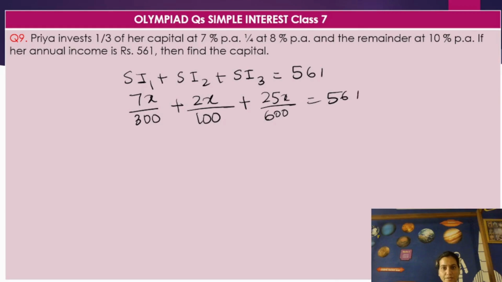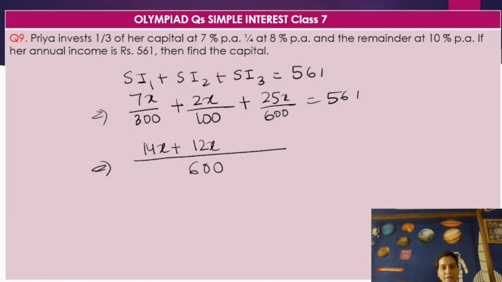Equal to 561. So what will be the LCM of all this? LCM will be 600. So I'll write 600 here. 600 divided by 300 is 2. 2 will get multiplied with 7. It will become 14x. 600 divided by 100 is 6. 6 will get multiplied with 2.